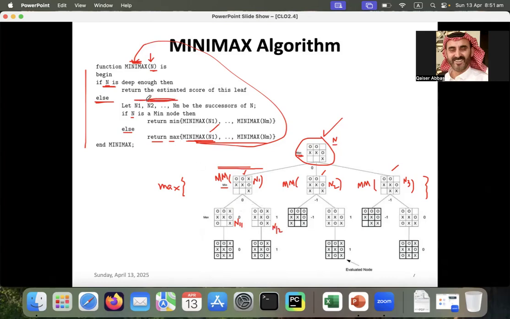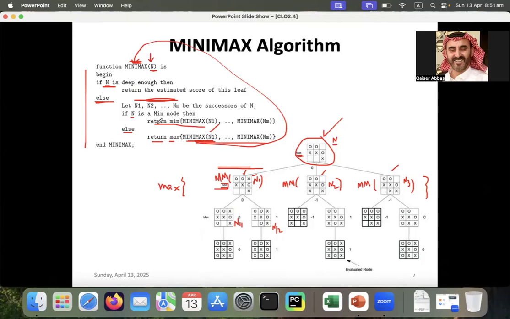So this step is done. And then here, N1 is a min node. Yes, it is a min node. If it is, then the else portion will not execute. We will execute this line. And it is doing what?